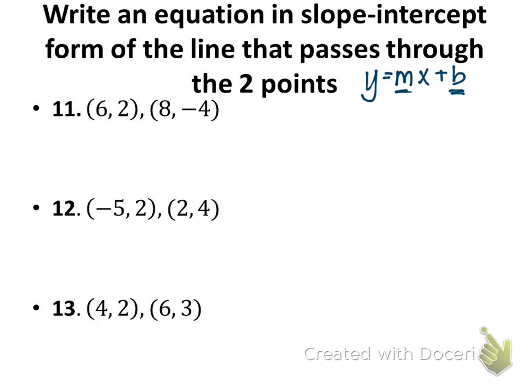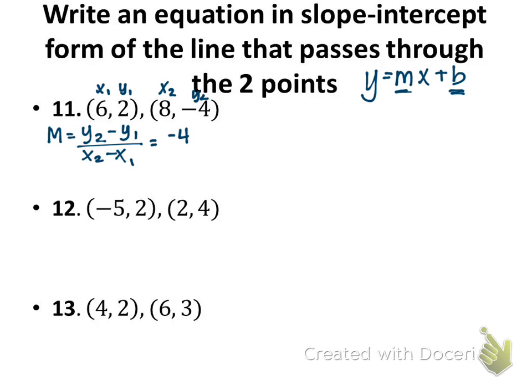So what can I do to find the slope? What formula do you know? y2 minus y1 over x2 minus x1. I can use the 2 points that I have and plug it in and find a slope. So this is x1, y1, x2, y2.